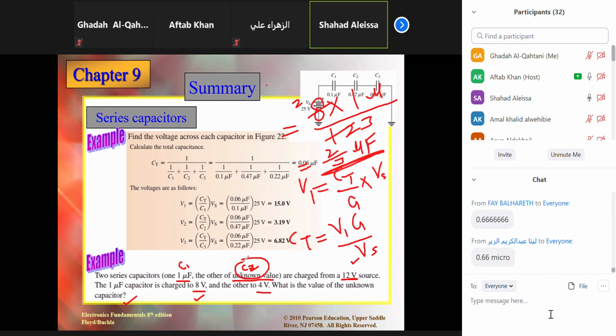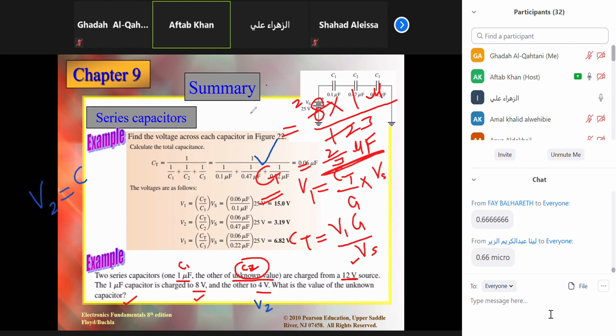Now you have CT, and you also have V2. So can we apply the formula?